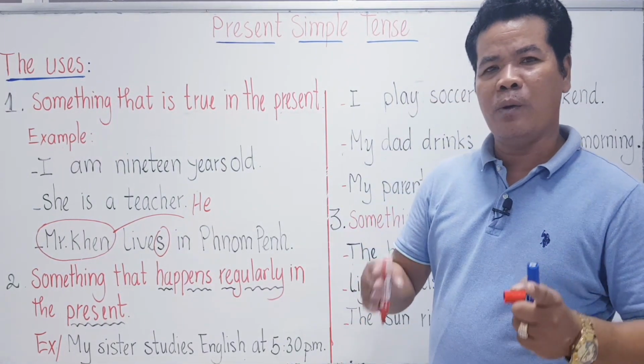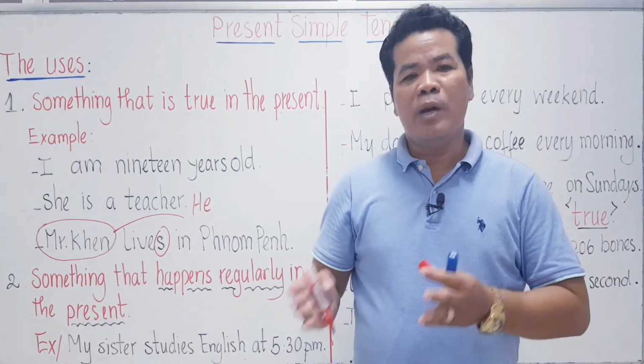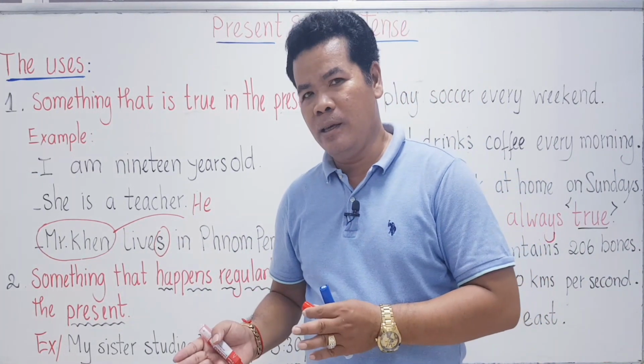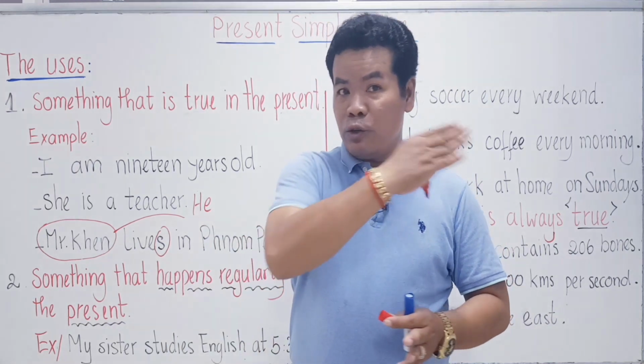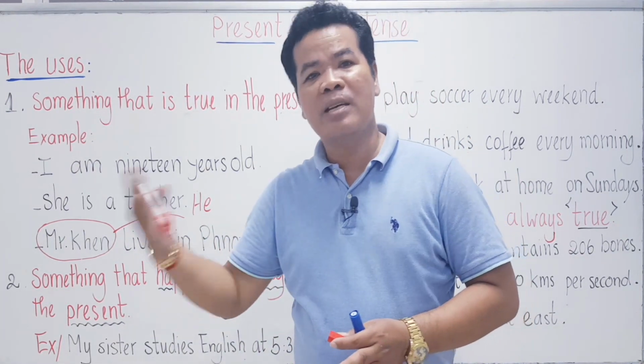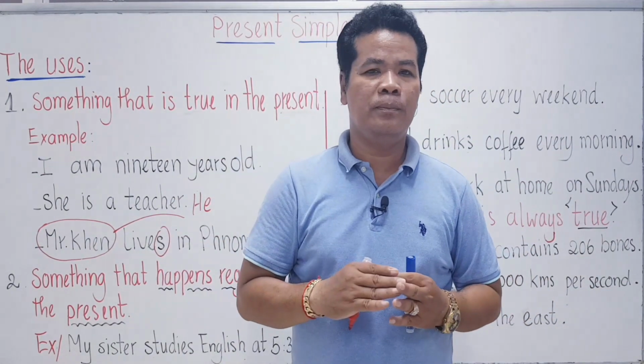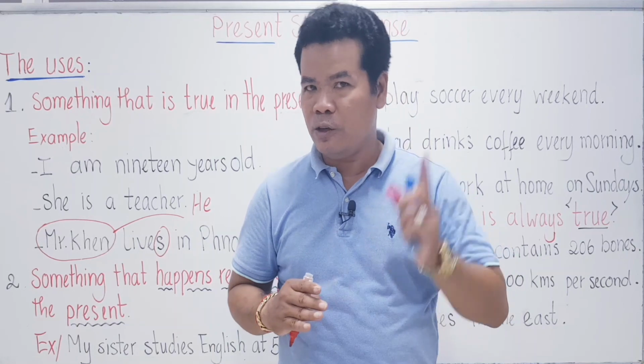No. Example, she studies English, okay? 5 days a week from Monday to Friday. So she goes to school at 5:30 every day from Monday to Friday. Right? Not just only one day or 2 days.